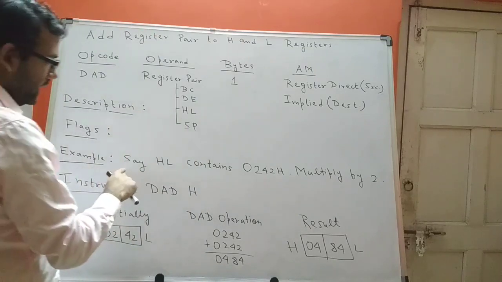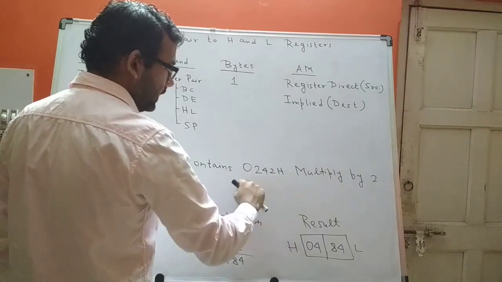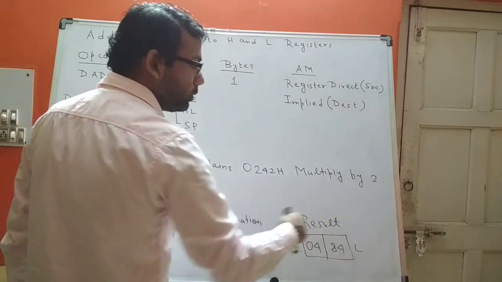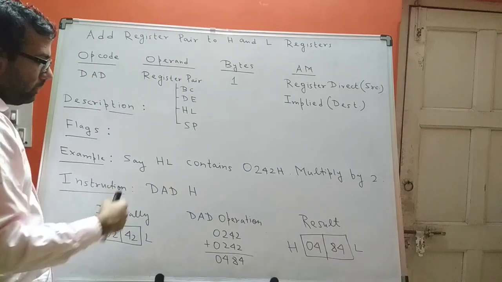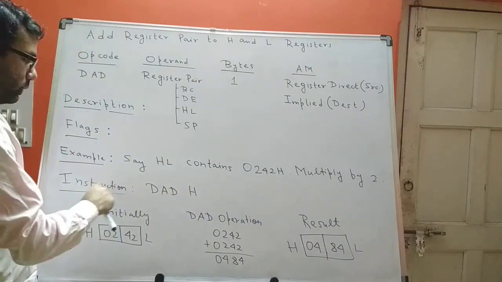In this example, say HL contains the hexadecimal value 0242H. Now you want to multiply it by 2. If you want to multiply the content of HL by 2, it is the same as adding HL to itself. So what will be the instruction?